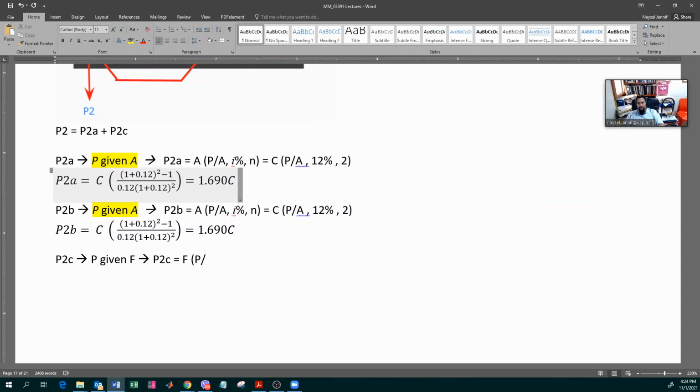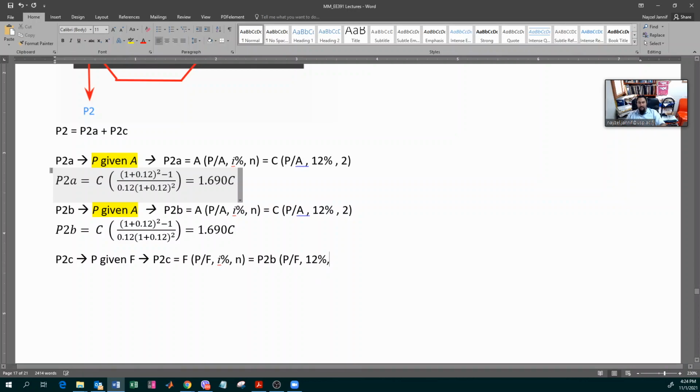P given F, and then we have our I% of N. And what is our F value over here, guys? Our F value is P2B, and we have P given F, comma, we still have 12%.